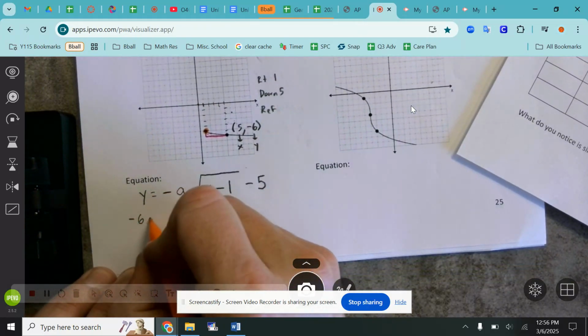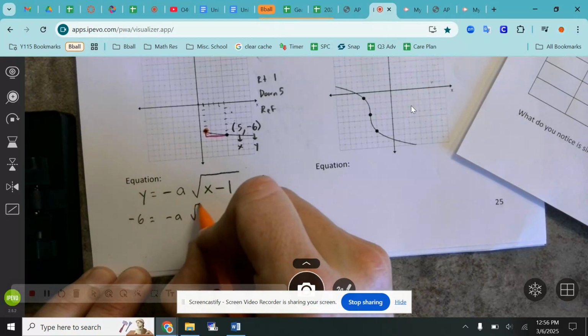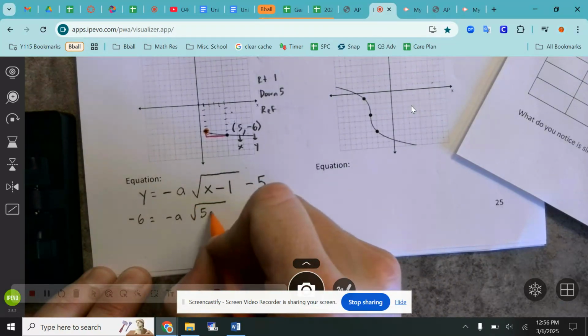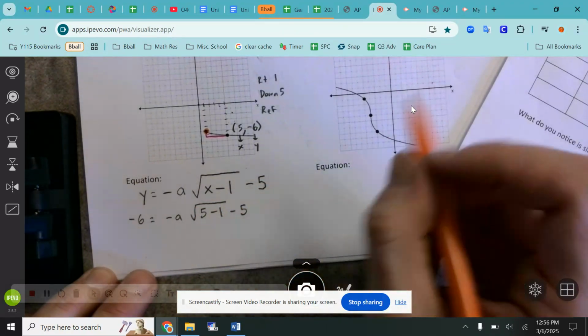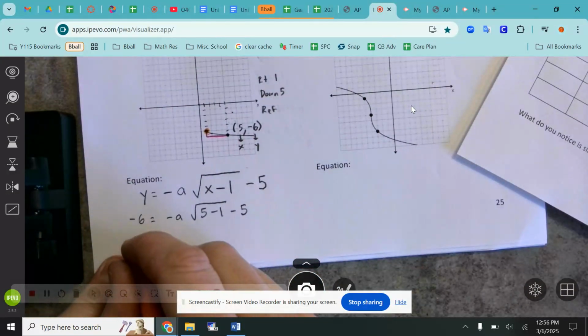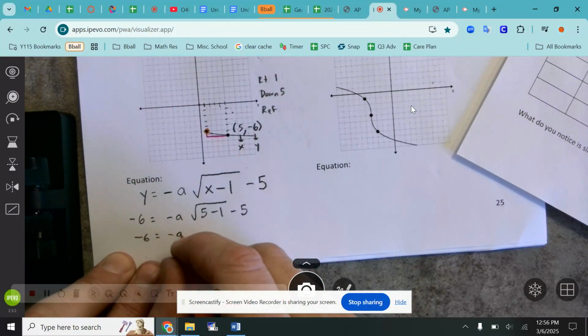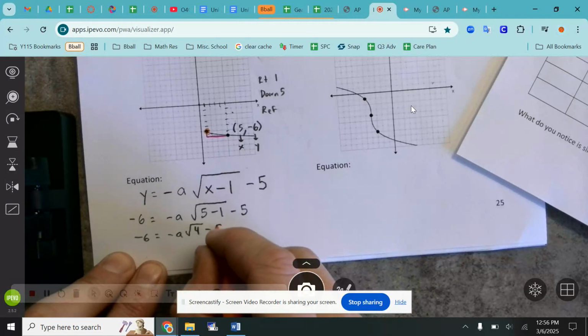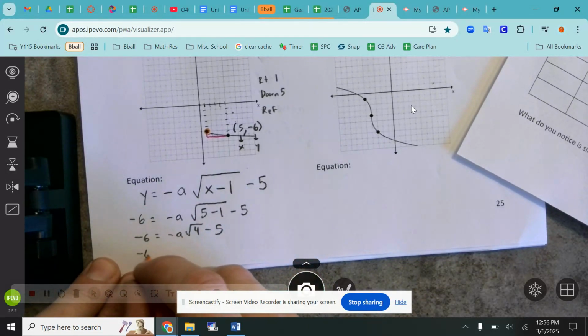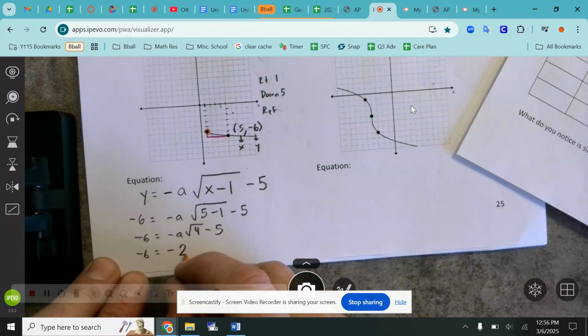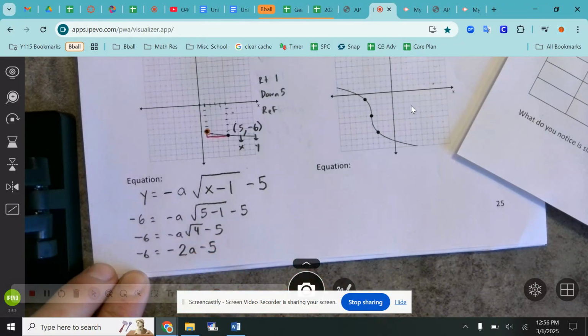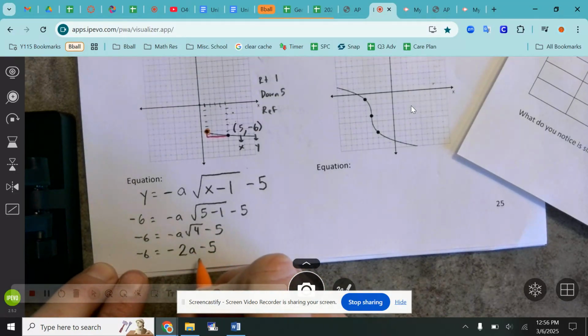Okay, so plug in your Y value. X we said was 5, and now we're just doing math. Okay, I know 5 minus 1 is 4. I know the square root of 4 is 2. So this turns into negative 2A. And now I'm just solving like normal. Add my 5 over.